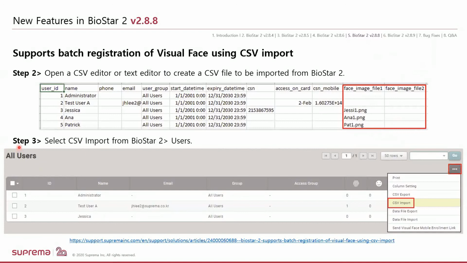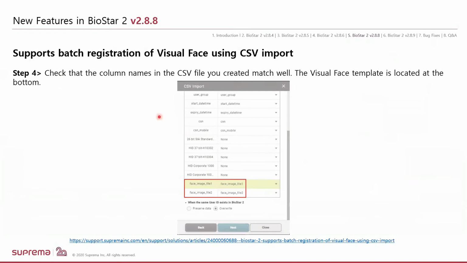Step 3. Perform CSV import from the BioStar 2 user menu. Step 4. Map each column to the correct parameter. The parameters for the visual face credentials are at the end of the pop-up.